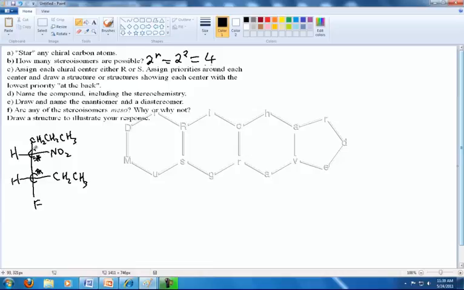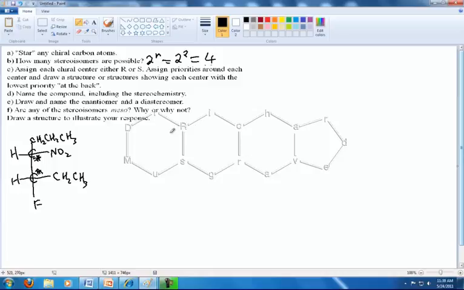Alright, now when I'm doing this, I leave the backbone alone and I just rotate the groups around so that I can get the lowest priority group into the back. Now when I rotate these around, I'm not changing the stereochemistry of either of these chiral carbons. All I'm doing is rotating the molecule.